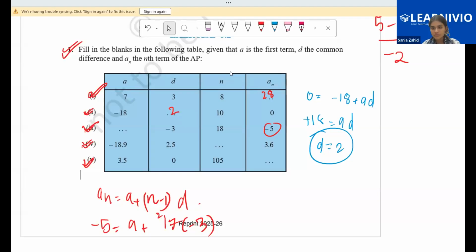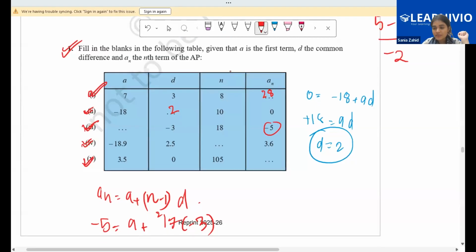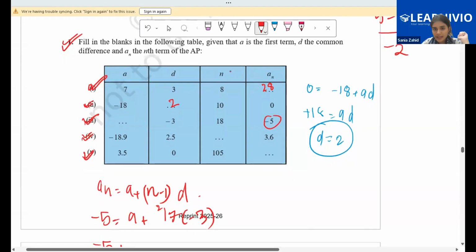N is 9. The answer is how much? Please repeat again. 9. Okay, we'll check this one.